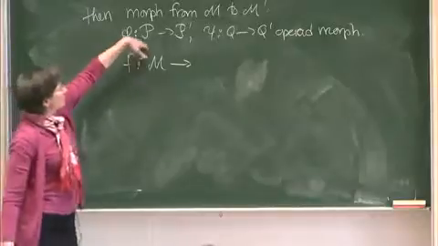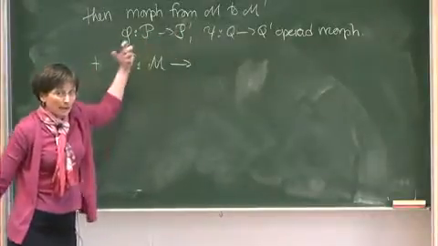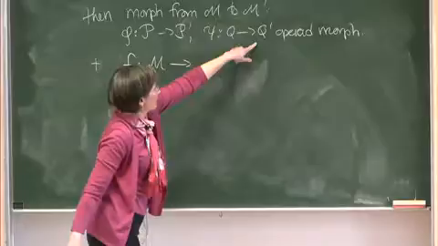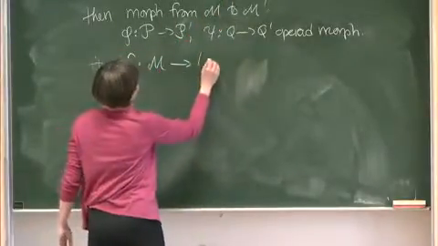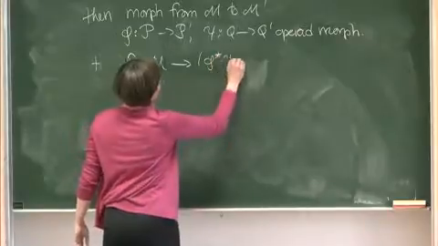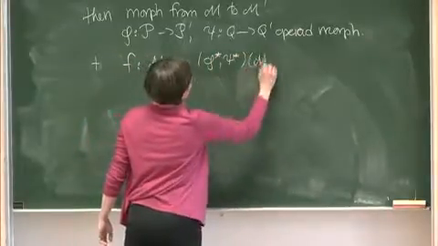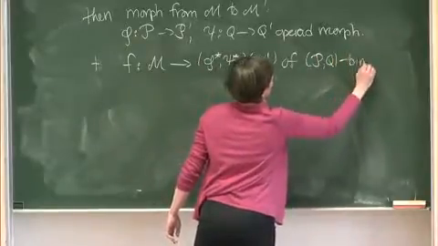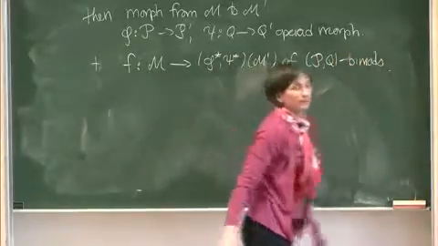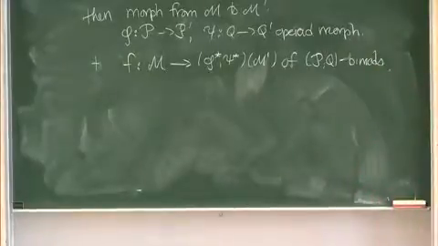So I'm going to use phi and psi to pull back the P prime Q prime bimodule structure on M prime to a PQ bimodule structure. So I'll write it like this. Of PQ bimodules. So I have this kind of structure here.